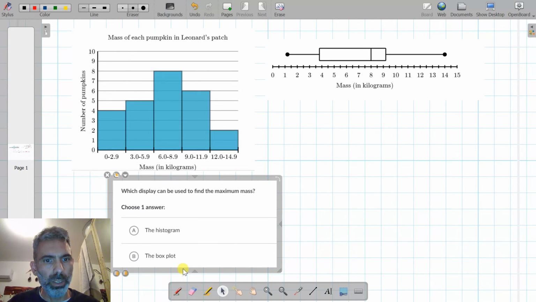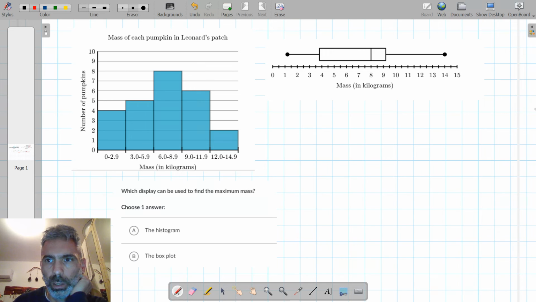which display can be used to find the maximum mass? Okay, so here the answer is obvious because the box plot tells us exactly the maximum mass, but the histogram has a bucket of 12 to 14.9, so we don't know exactly the value of the heaviest pumpkin.